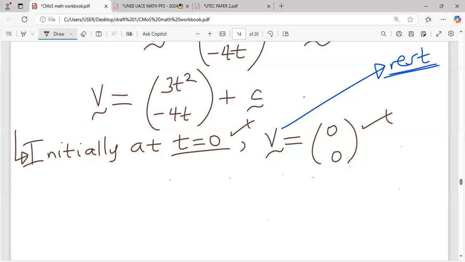So you people, do you get what I've said? Because that statement matters a lot. Without that statement, you cannot get other marks. Do you know where the t equal to 0 is coming from? Do you know why I'm saying v is 0, 0? I'm saying t is equal to 0 because these things are happening initially at rest, before we have done anything.